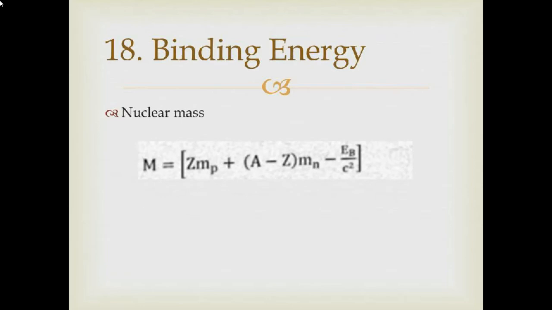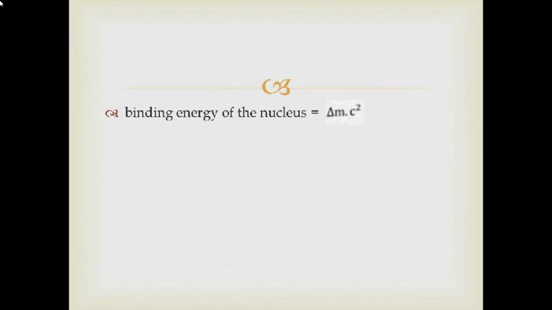Again, one more important formula: nuclear mass M is equal to Z times M_P plus A minus Z times M_n, minus E_B, the binding energy, divided by C square. Again, this formula is very important from the fill in the blanks point of view as well as the numerical point of view. Binding energy of the nucleus is equal to delta M into C square. Maybe they can ask a numerical based on this.